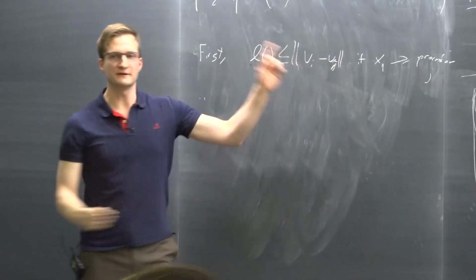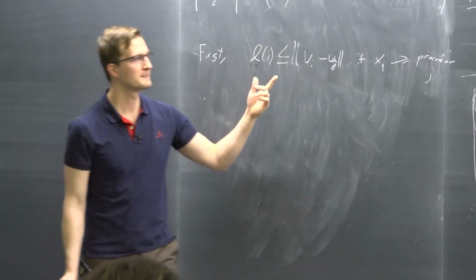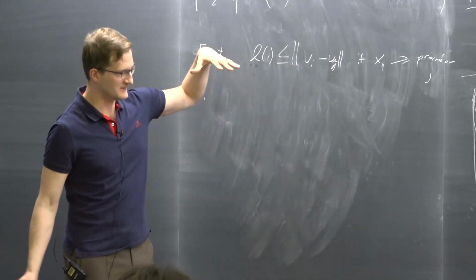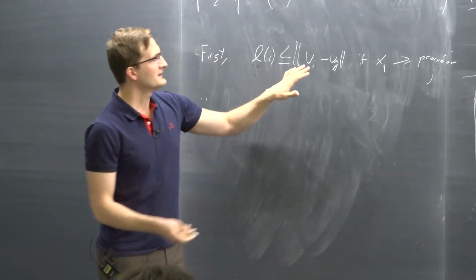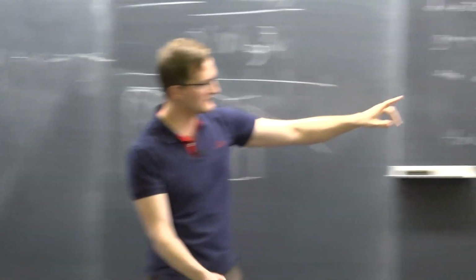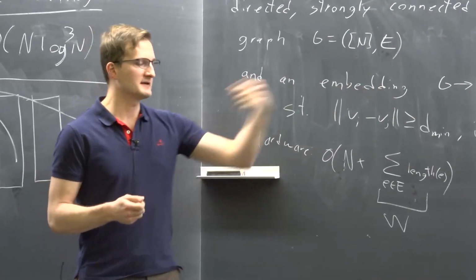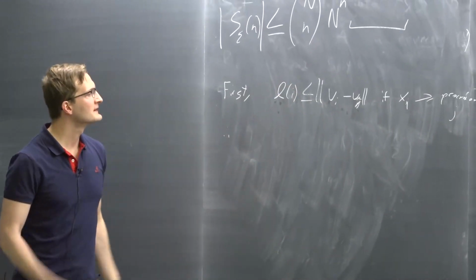So really, the physical distance between two processors is an upper bound on the total length the message has to go. And you can see this because I've defined this graph. If the sort has to take the element from processor i to processor j, then it basically has to travel along all of these wires to get there. And that's going to create a continuous path, and the triangle inequality just trivially gives us this.